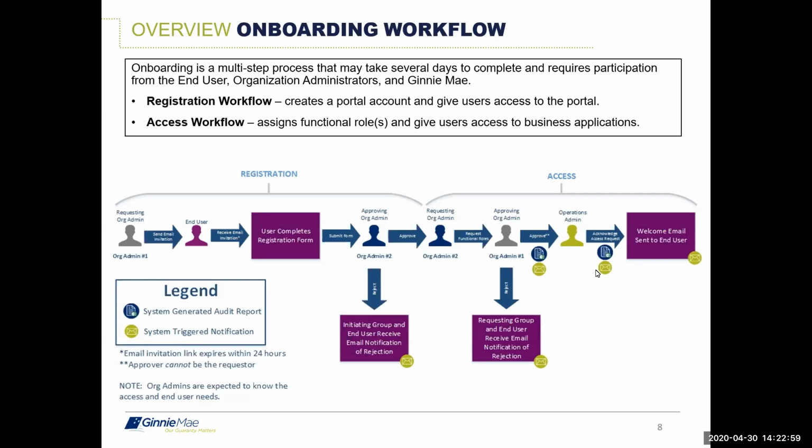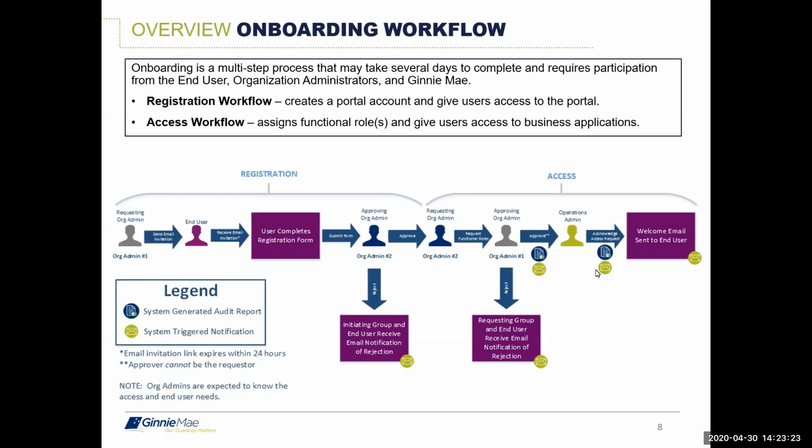A second organization administrator, that's the person in blue, will go in and approve that request. Unless there's something wrong, maybe your name was spelled incorrectly or there's some other problem with the request, they will reject it and then you'll start over. But 99% of the time, they're going to approve that request and your account has been created.